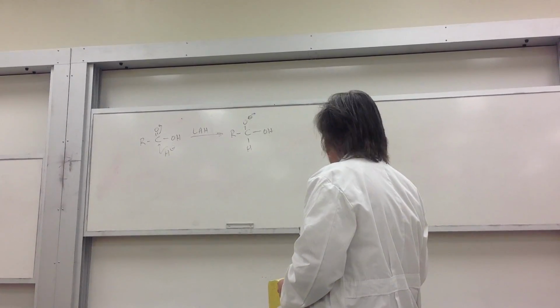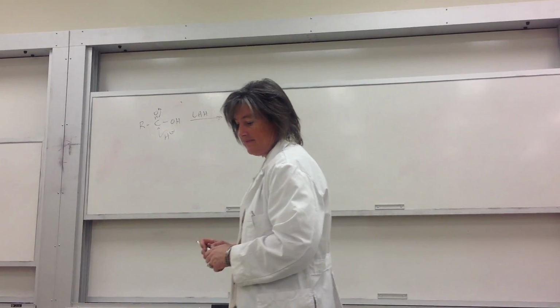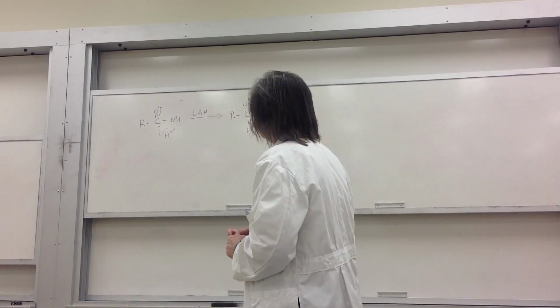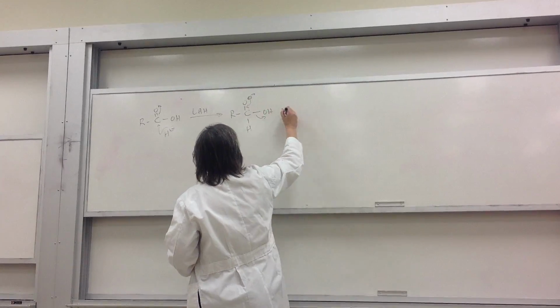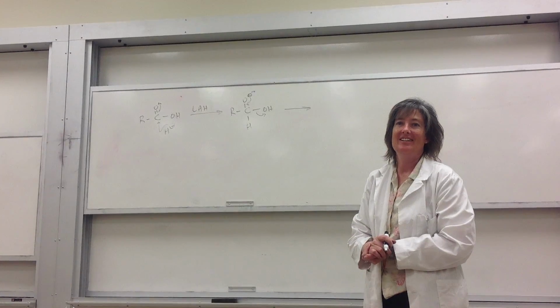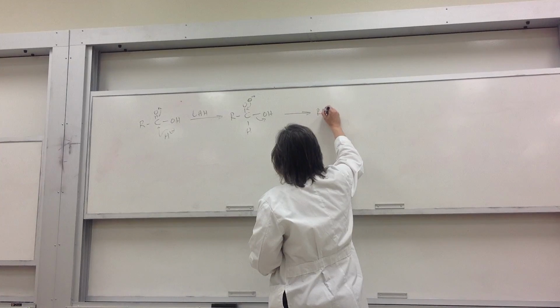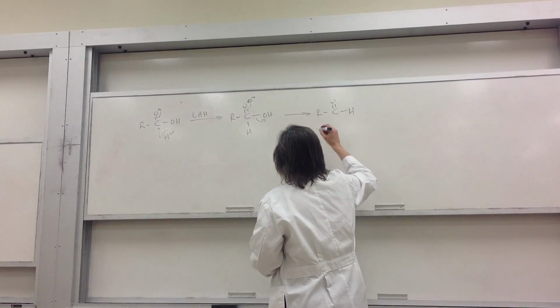Okay, and now what do you have? This is something you're not going to like. Finally, there it is. We kick out the leaving group. It's not such a great leaving group. And we end up with that.